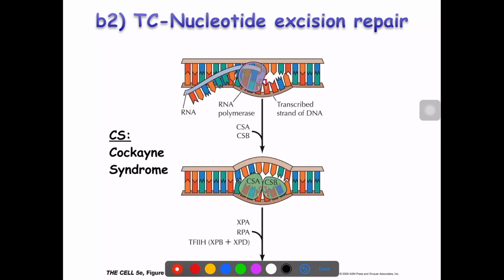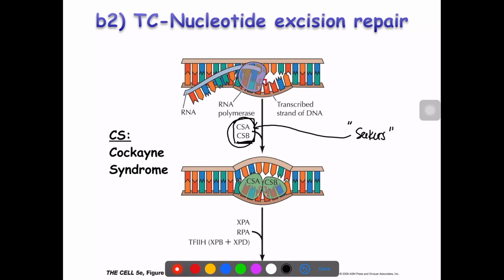All right, so again, there are only two specific enzymes that are characteristic of this pathway, Cockayne syndrome A and Cockayne syndrome B, and they together are the seekers in this particular pathway, the ones that seek for the damage.